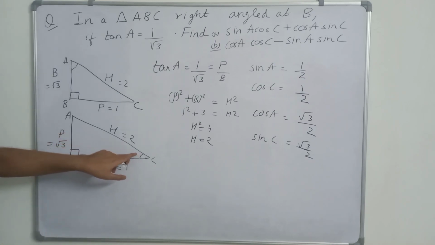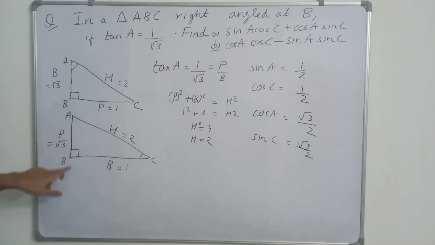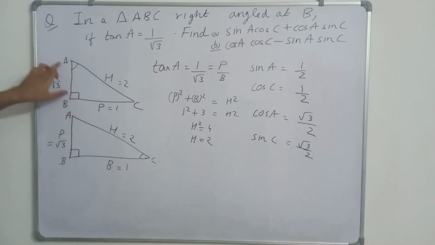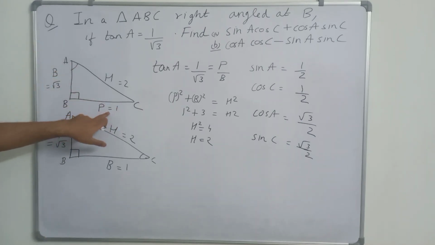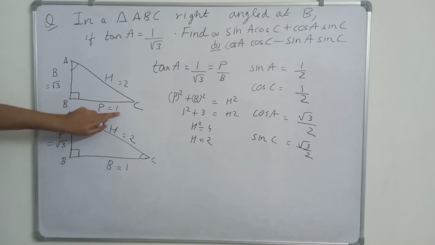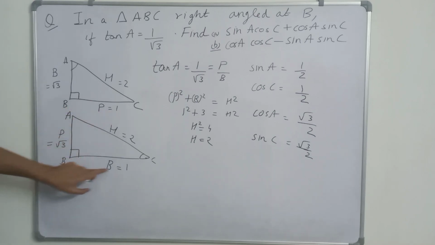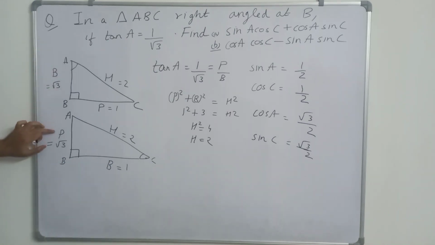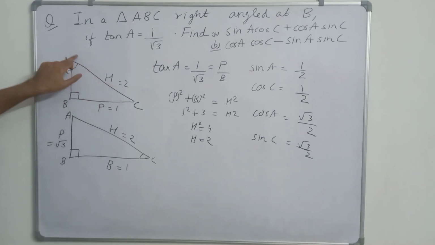So here the AB line is opposite to angle C, and here the line BC is opposite to angle A. So for angle A, perpendicular is this line. So BC is 1, so BC will become base here. So here base will be equal to 1. And here base is equal to √3 and here perpendicular will be equal to √3. Hypotenuse will be line AC for both the triangles.